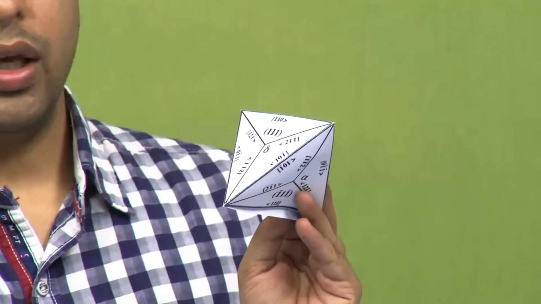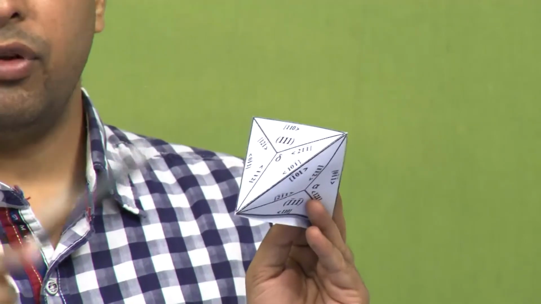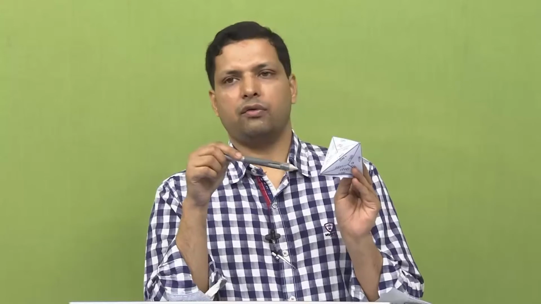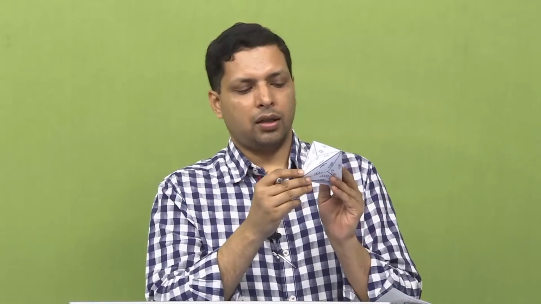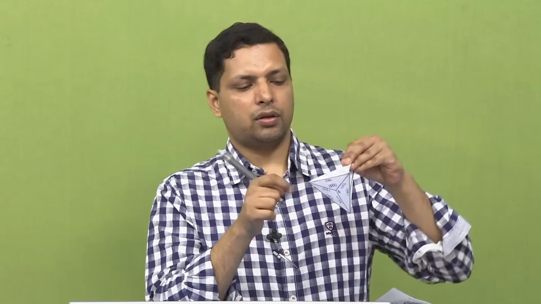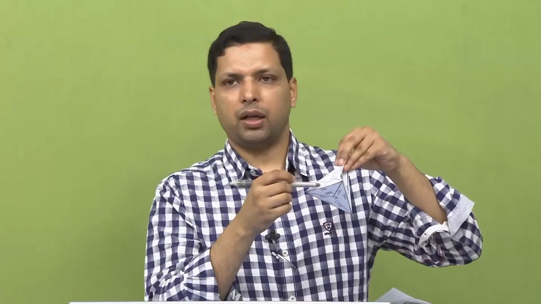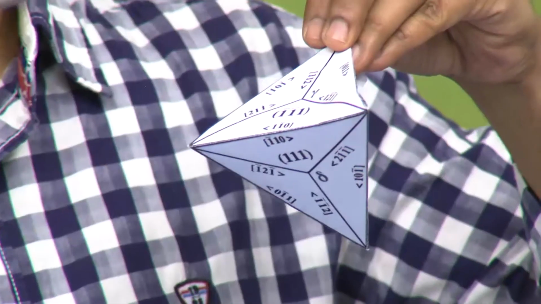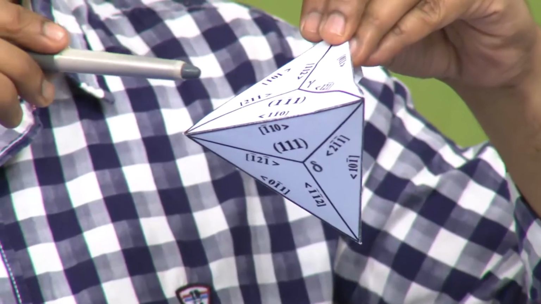Now, what else do we see from this? Even before I go to the partials, which is also information that you can obtain from this Thomson tetrahedron, another thing that I want you to observe is this: this is one type of 111 plane, and now let us look at another member of the family of 111 planes.